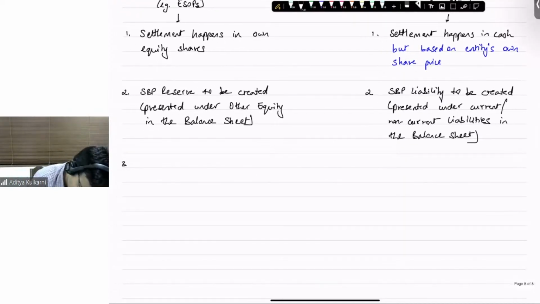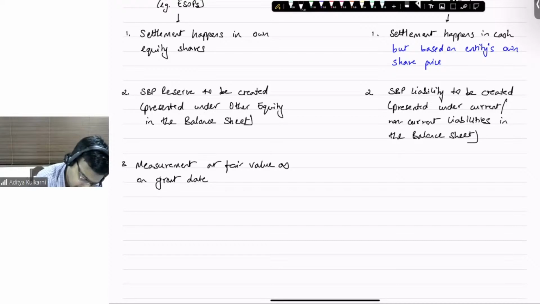Okay. So measurement, you can write this in the initial pages that we had left. Measurement at fair value as on grant date.